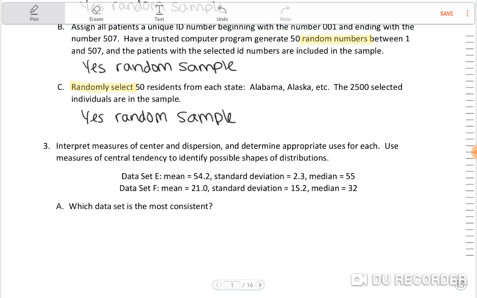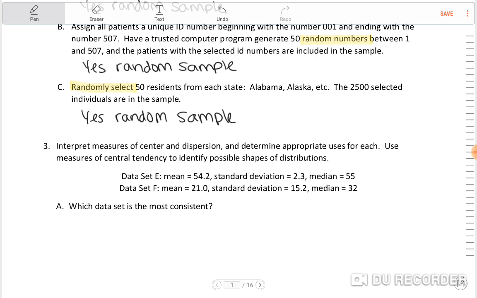And data set F has a mean of 21, standard deviation of 15.2, median of 32. Which data set is the most consistent? Okay, so consistent means that your data is all relatively close together. They're not very spread out.